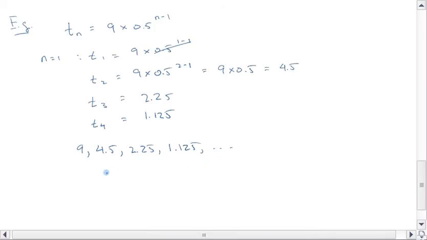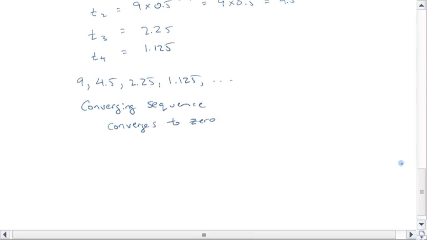This would be an example of a converging sequence. And in particular, as n gets bigger and bigger, this number would get smaller and smaller, and we would say that it converges to 0.